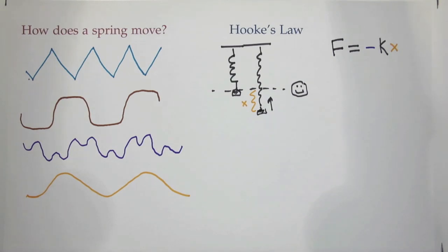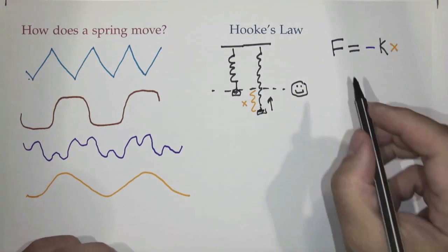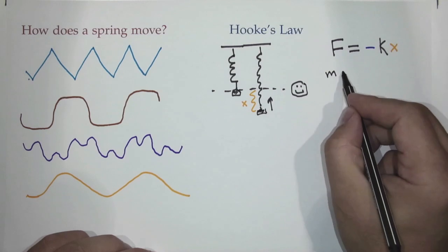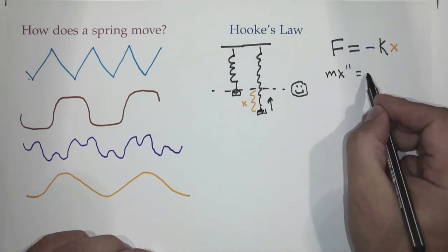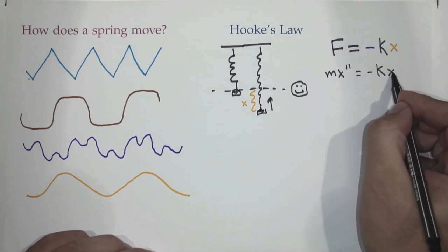So if acceleration is the derivative of velocity, and velocity is the derivative of position, how do I get from position to acceleration? X double prime. So we've now gone to m x double prime is equal to minus k times x.